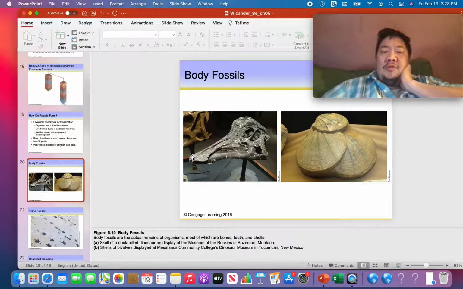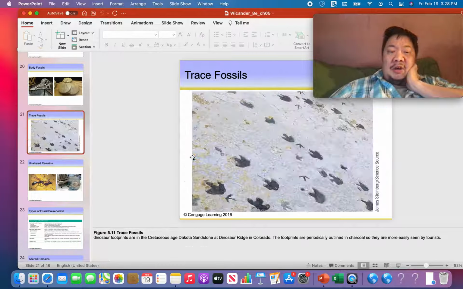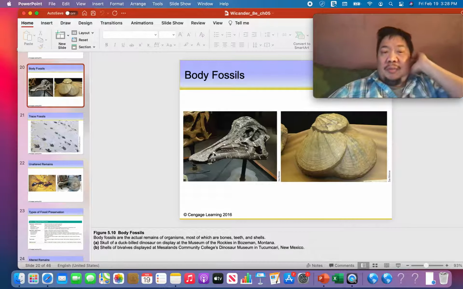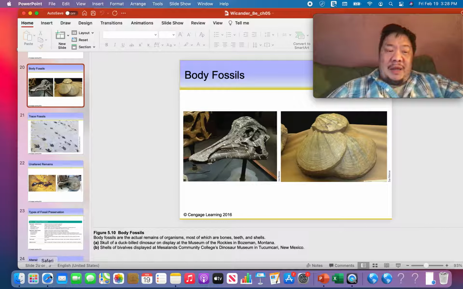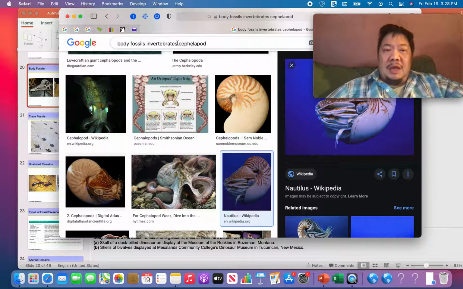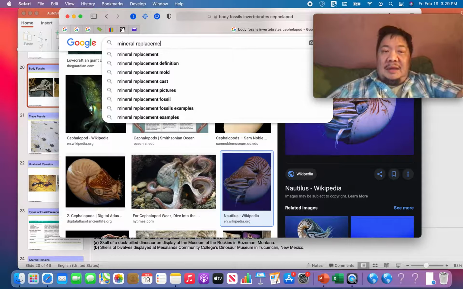There are a few rare ways in which soft body tissue can be preserved, but before I get into those rare ways, let's take a look at some of the typical ways that fossils are formed.